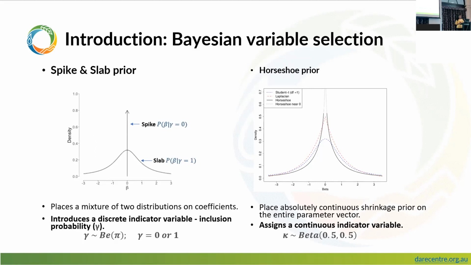It places a continuous beta prior with constant parameters. This is good in situations where we are interested in small effects close to 0, but not exactly 0.